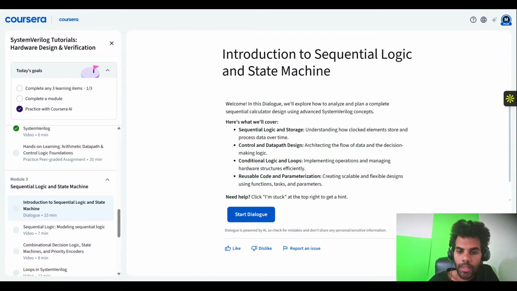So this is having full control of the system and the data path, from where it should go to where. Conditional logic and looping: implementing operations and managing hardware structure efficiently. Reusable code and parameterization: creating scalable and flexible designs using functions, tasks, and parameters.